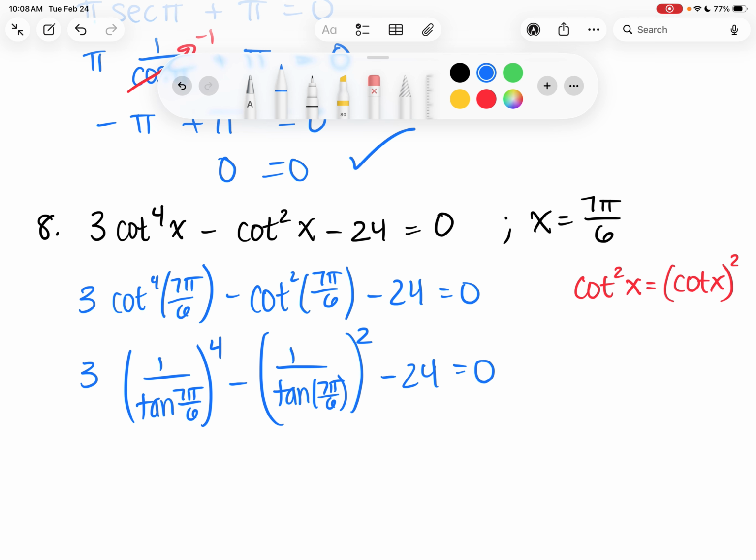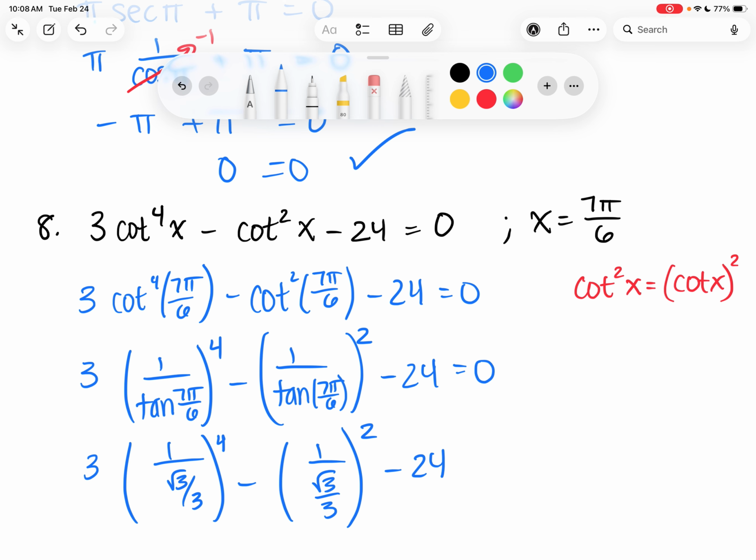So now I'm going to go to my unit circle and say, what's the tangent of 7 pi over 6? Square root of 3 over 3. Yep, so this is going to be 3 times 1 over the square root of 3 over 3, all raised to the 4th, minus 1 over square root of 3 over 3, all squared, minus 24 equals 0.